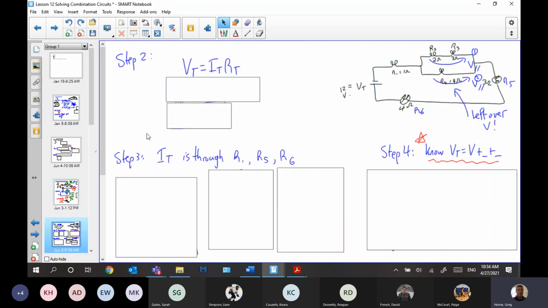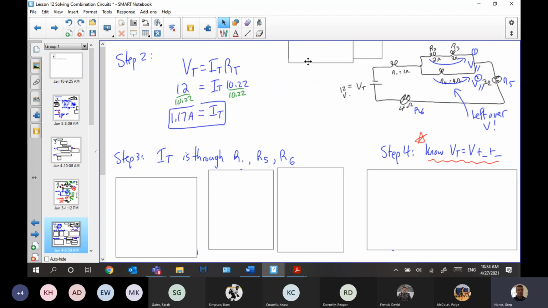So in our example, we got to the point where we were ready to do that. So let's go ahead and do that now. There's the total voltage, total current, total resistance pairing of Ohm's law, and we can calculate that it is 1.17 amps. Again, all the way through from now on when I'm doing questions, I maybe wasn't doing this before, but I'm keeping as many decimals as reasonable, right? Basically I use the memory recall button on my calculator.